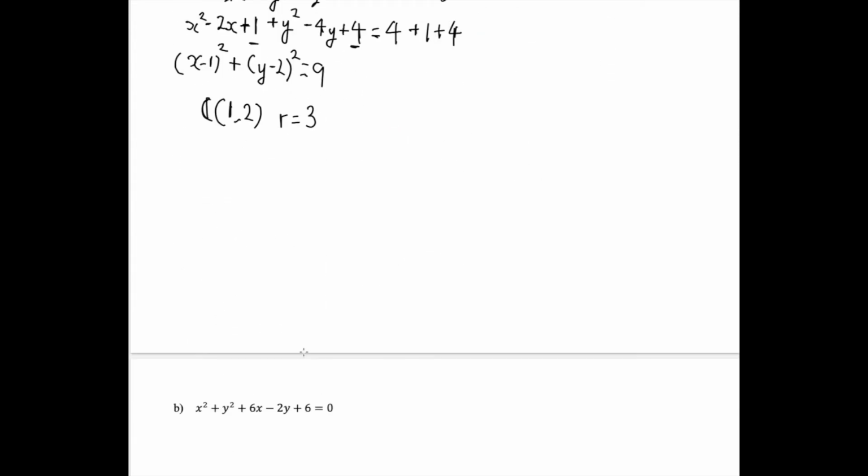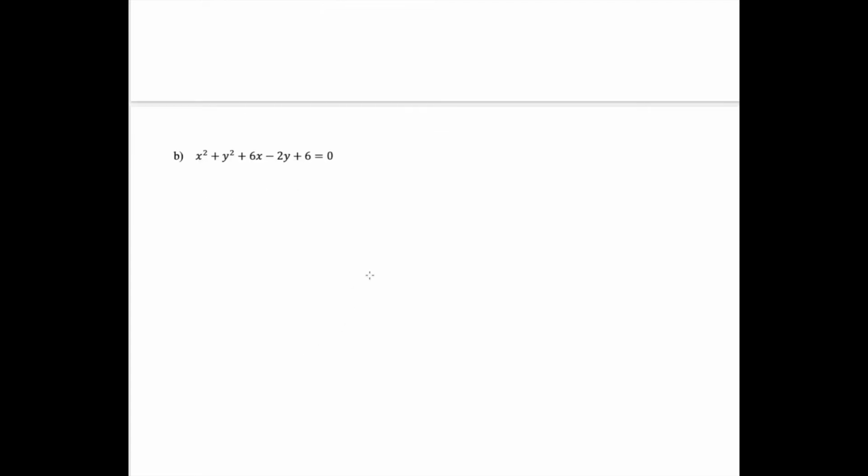Okay. There's another example. Now in this example, they purposely try to trick you by putting the x's all over the place. So we need to tidy this equation up. Okay, so I'm going to write this as x squared plus 6x plus y squared, so put the x's together and put the y's together, and make sure that the squared term is in front of the non-squared term.